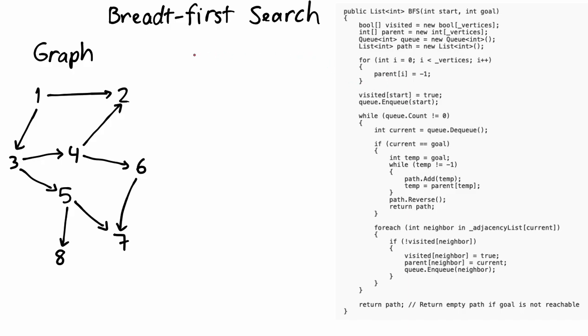And let's start. We have at first vertices, and it is an array where we store our indices, vertices. So like this.